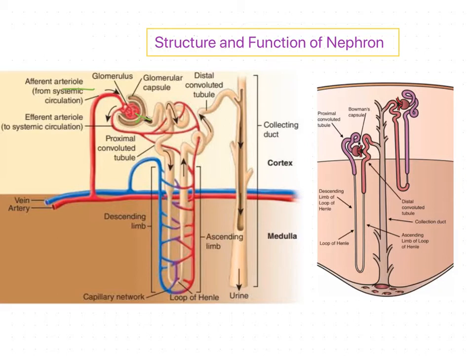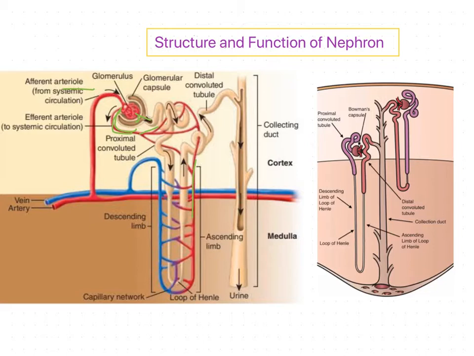So most of such filtration is called glomerular filtration, and from the glomerulus an efferent arteriole comes out of the Bowman's capsule, which surrounds or forms capillaries around the tubule, called peritubular vessels.